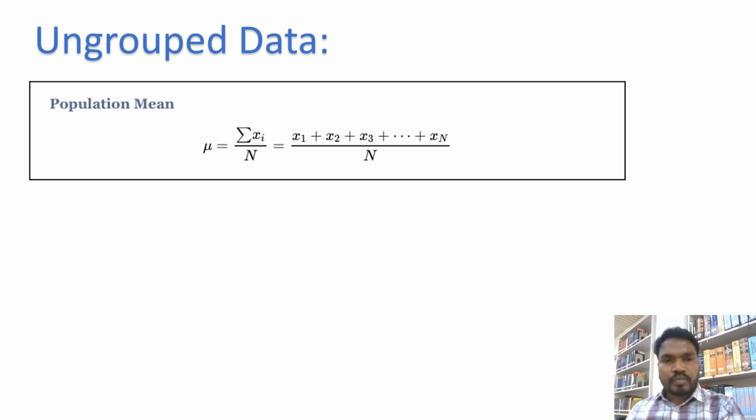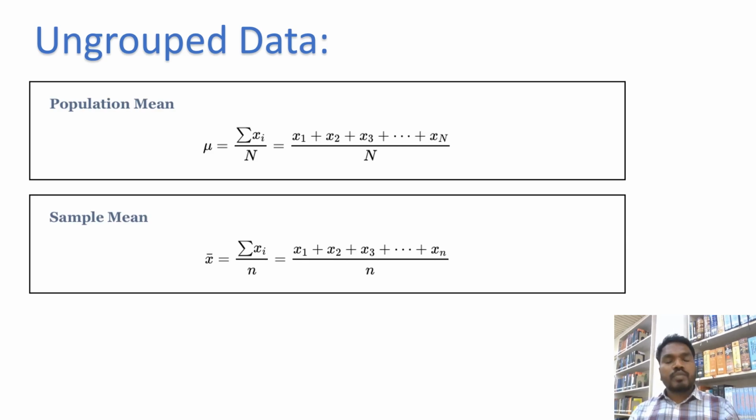Unless they mention that it is population data or sample data, we use the corresponding mean, population mean or sample mean, right? Whether it is a population or a sample, finding the mean is the same.